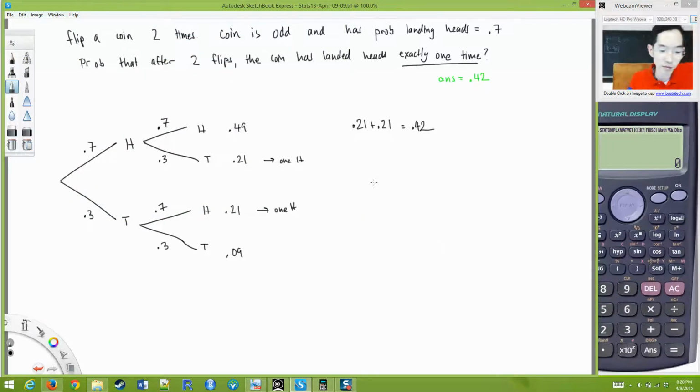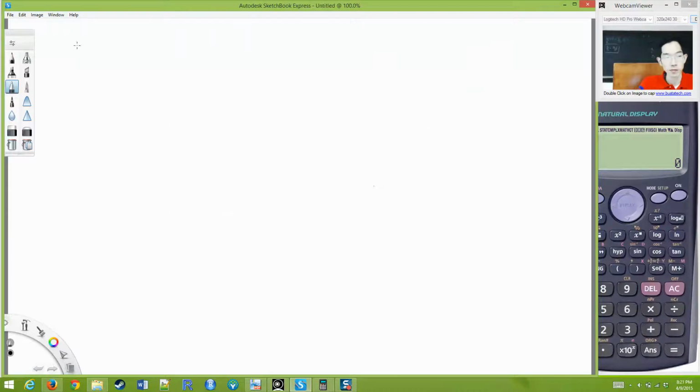Okay, so we can now deal with what we call conditional events. Basically, we are saying the probability of one event depends on the outcome of another event. All right?